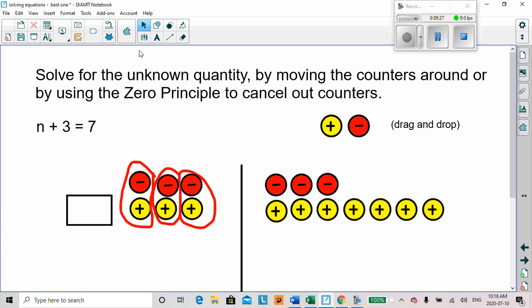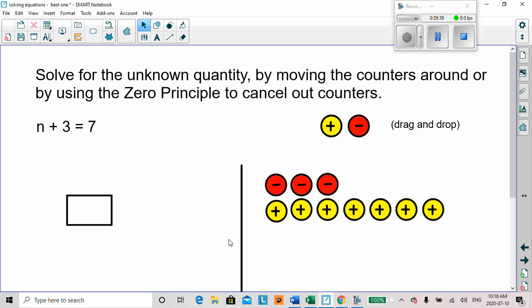Now, these guys here that I've circled, they all equal 0, so I can get rid of them. That equals 0, so I'm just going to delete the whole bunch of them. I also here have these all made 0.